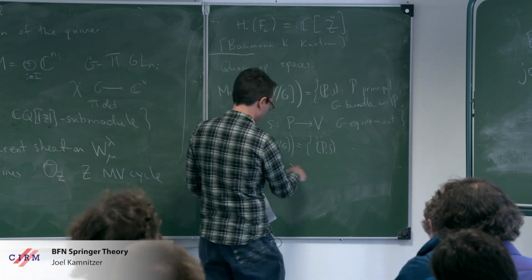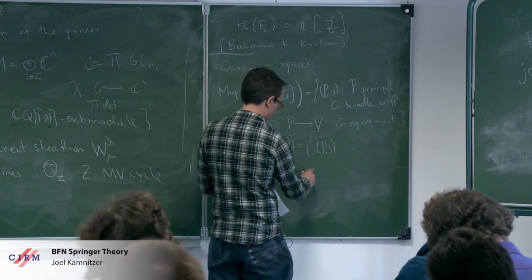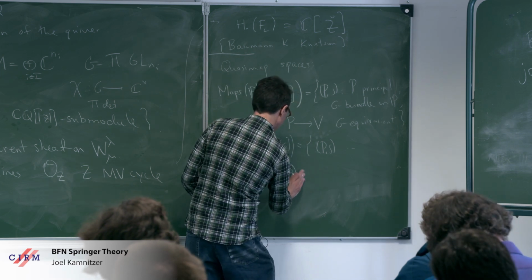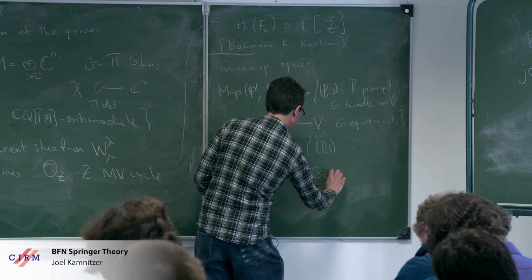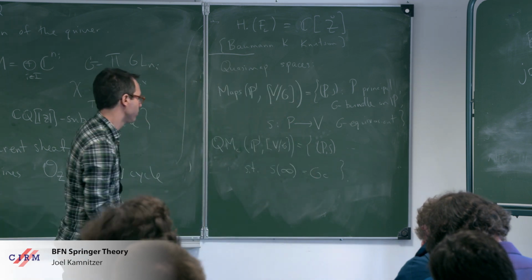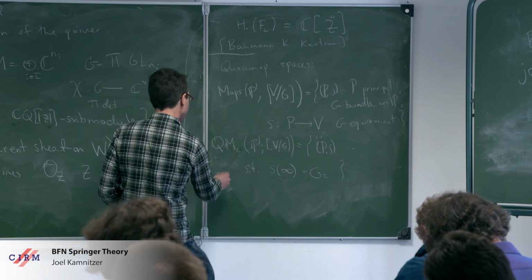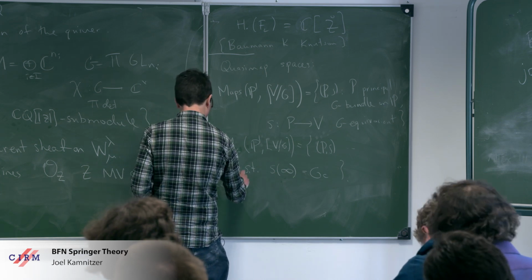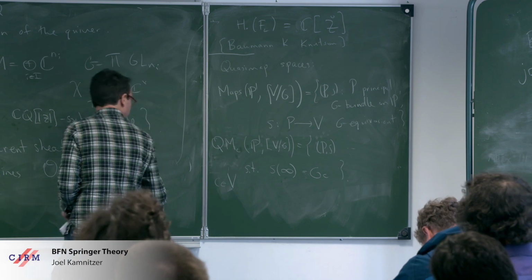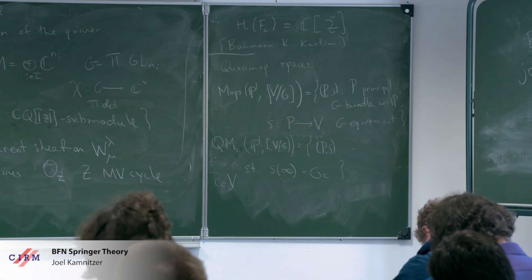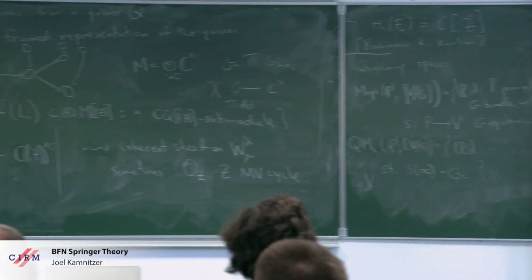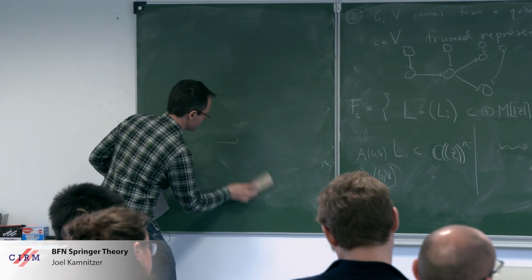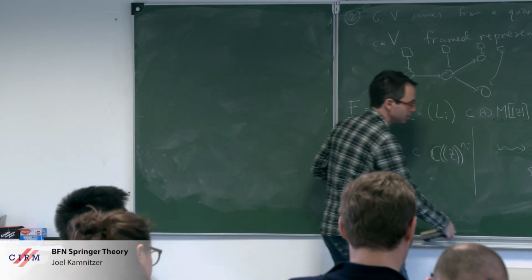And I want that this infinity is sent to C. But effectively, I just mean that this infinity is sent to the G-orbit of C. Sorry, C here is a constant guy. And maybe I can assume that this C is also chi-stable.